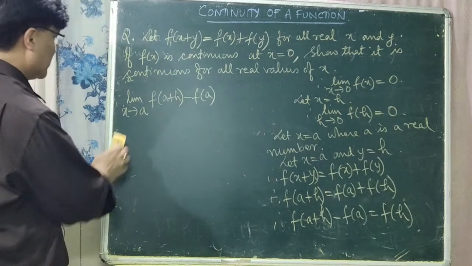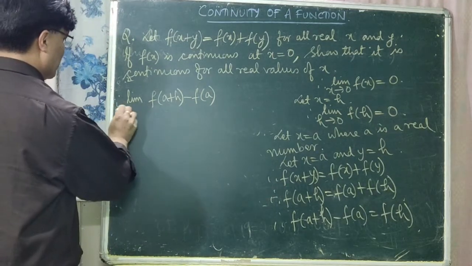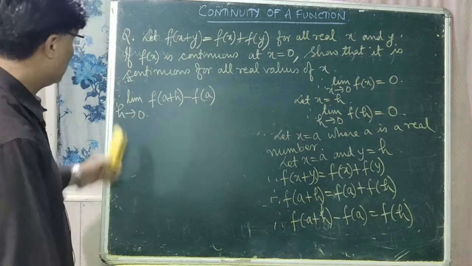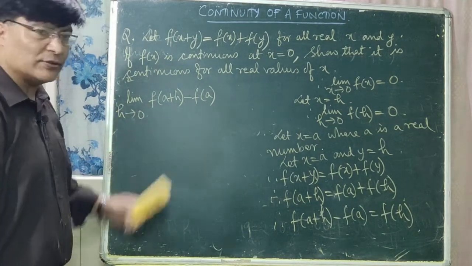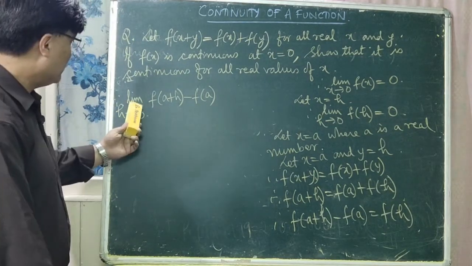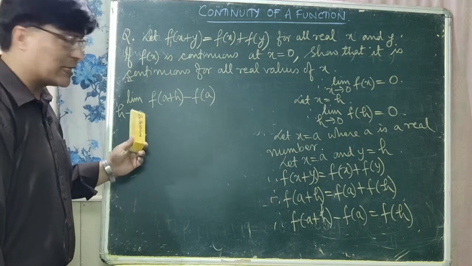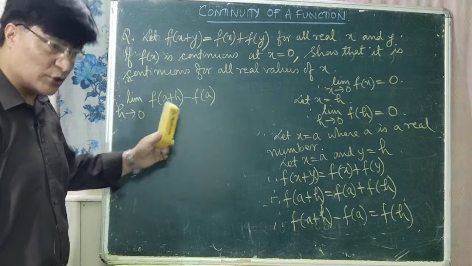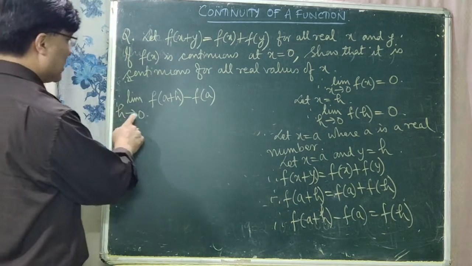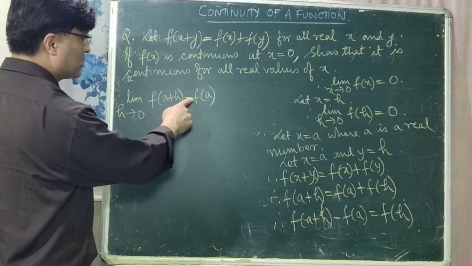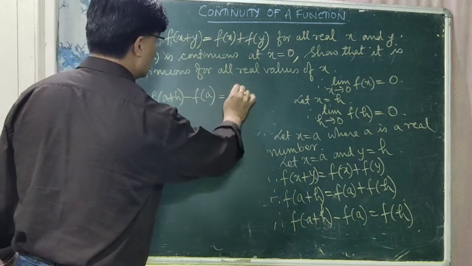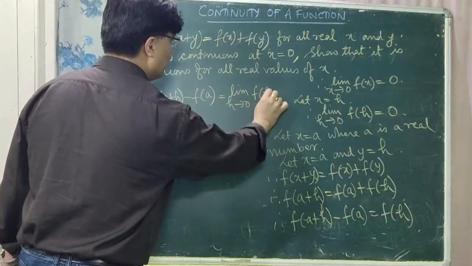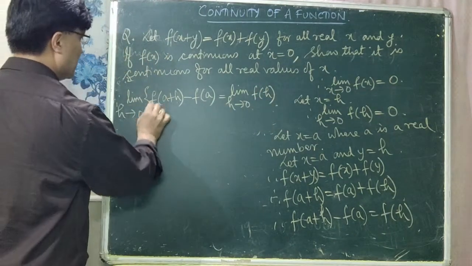You have to take limit h tends to 0. In this case, you can't take limit x tends to a, but you have to take limit h tends to 0. So limit h tends to 0, f of a plus h minus f of a is equal to limit h tends to 0, f of h, right?